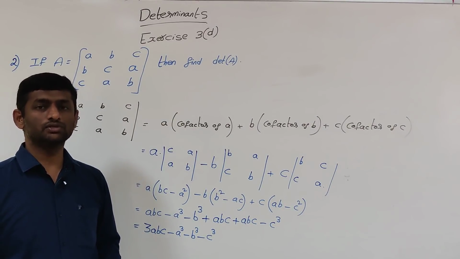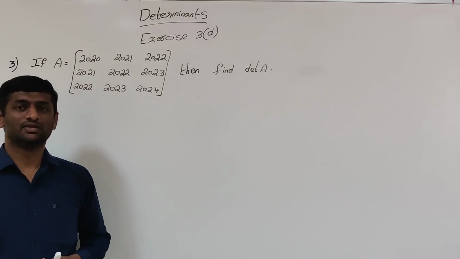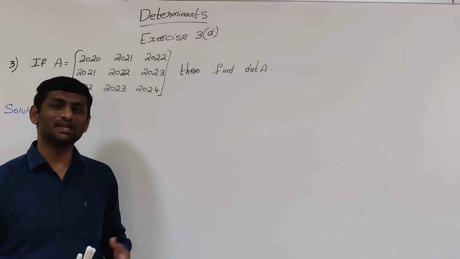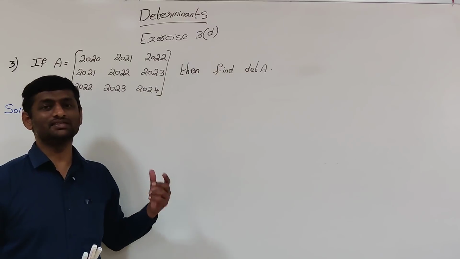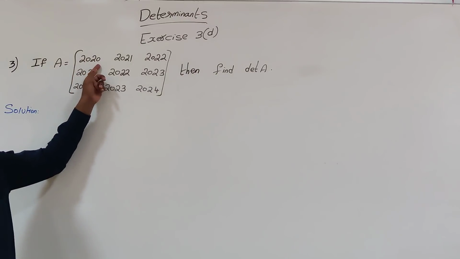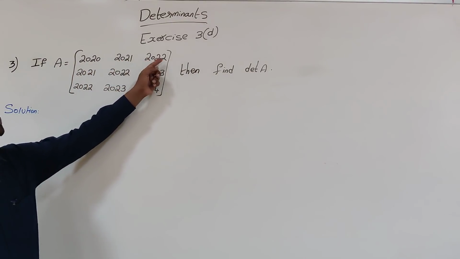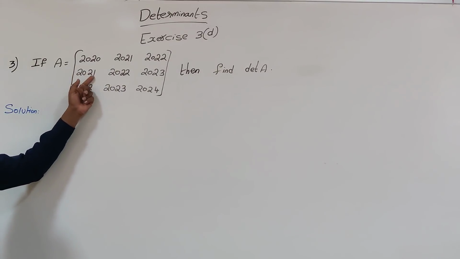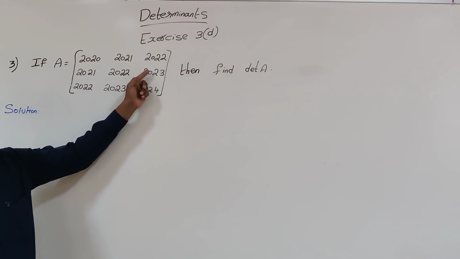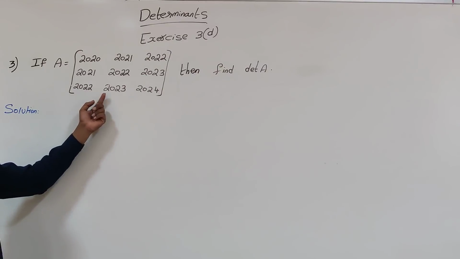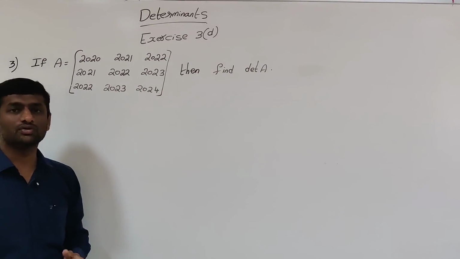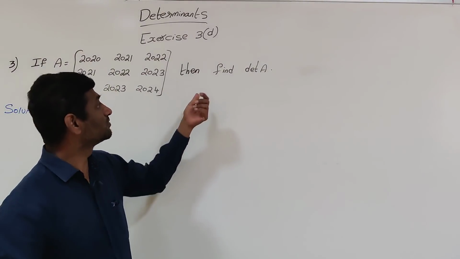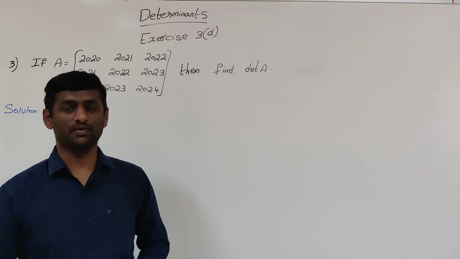Now the next question. If A is again a 3 by 3 matrix with first row 2020, 2021, 2022, second row 2021, 2022, 2023, and third row 2022, 2023, 2024, the question is, what is the determinant of A?